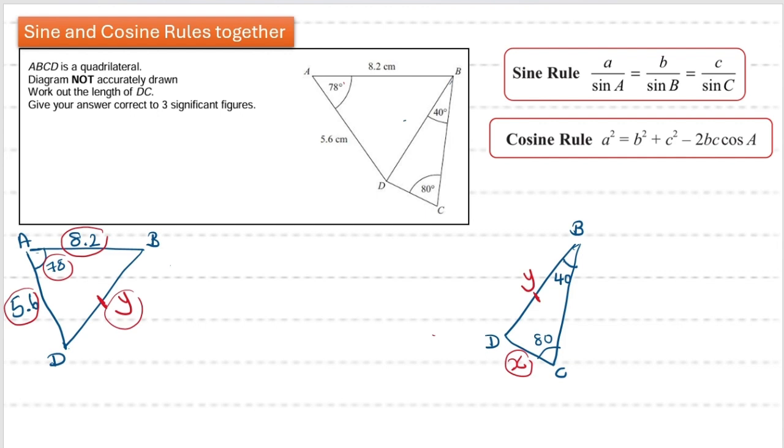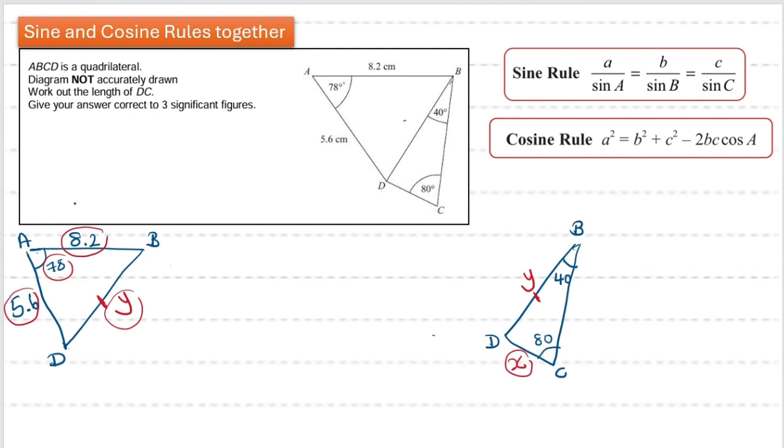Remember that the condition for using the cosine rule was two sides and the included angle. And we also remember that the cosine rule always starts with the side opposite the given angle. The angle is 78 degrees, so we start the formula with the side Y, which is opposite it.